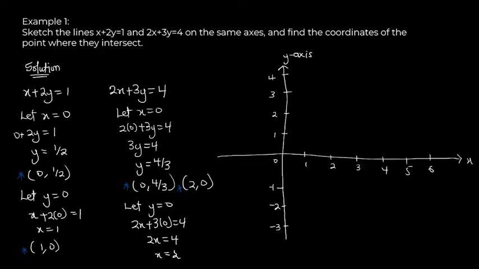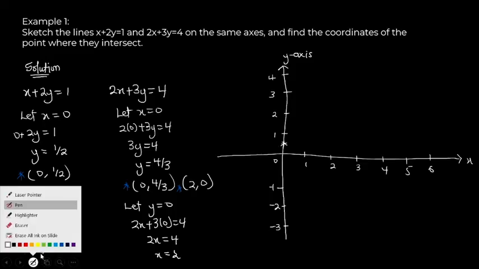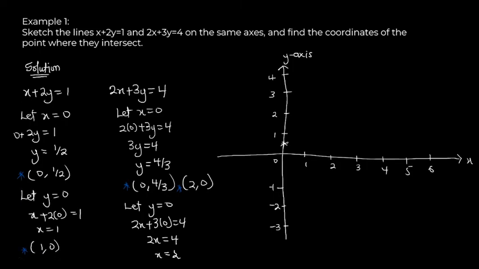The first point I have is 0.5. So my x coordinate is 0, then the y coordinate is half, so it's going to be at the top over here. Then let me use a different color for the line. Okay, let me use green. So it's over here, 0.5.